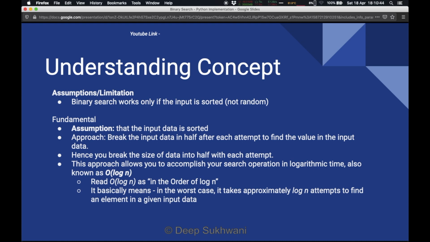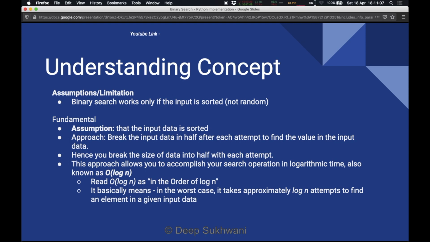Now, we are assuming that these 10 integers are in sorted order. You will start by hitting the middle of the list, and in each iteration, you will go on discarding one half of the list, and proceed further until you actually find the value that you are looking for.